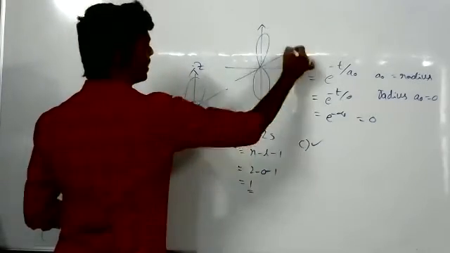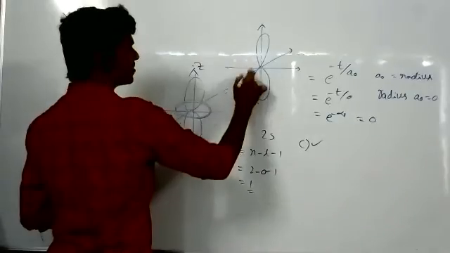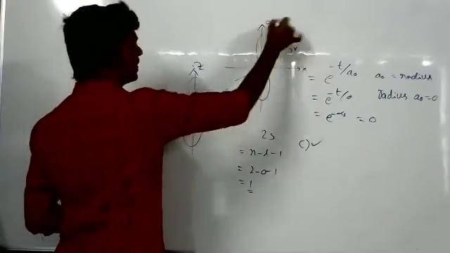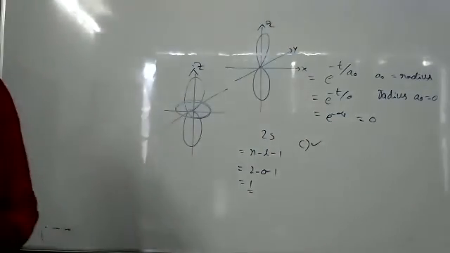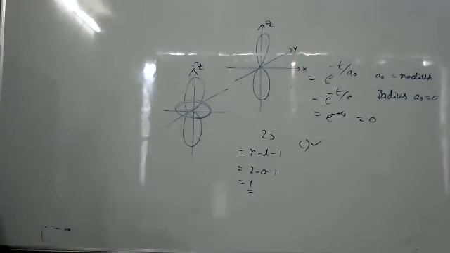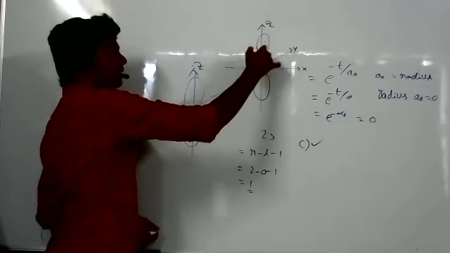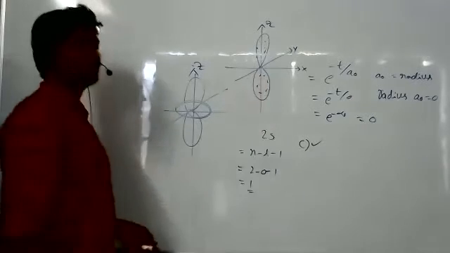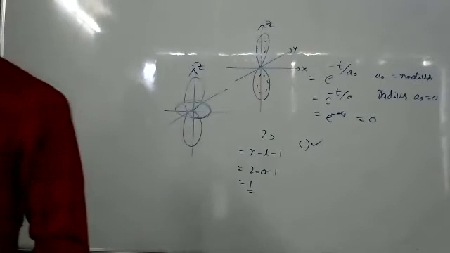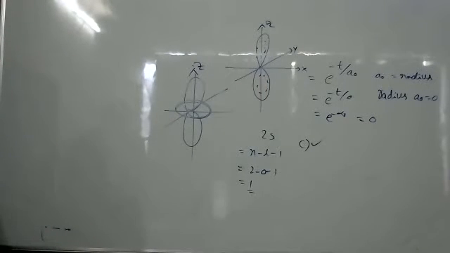So the xy plane becomes the nodal plane, not yz. On the z axis, electron density is there, so how will it be 0? Only 3. So you make it option E. Option E is 3.